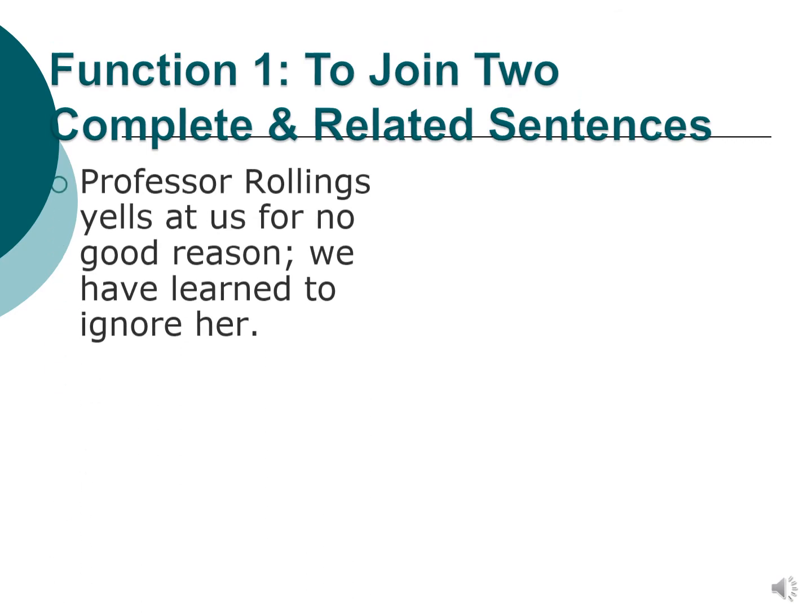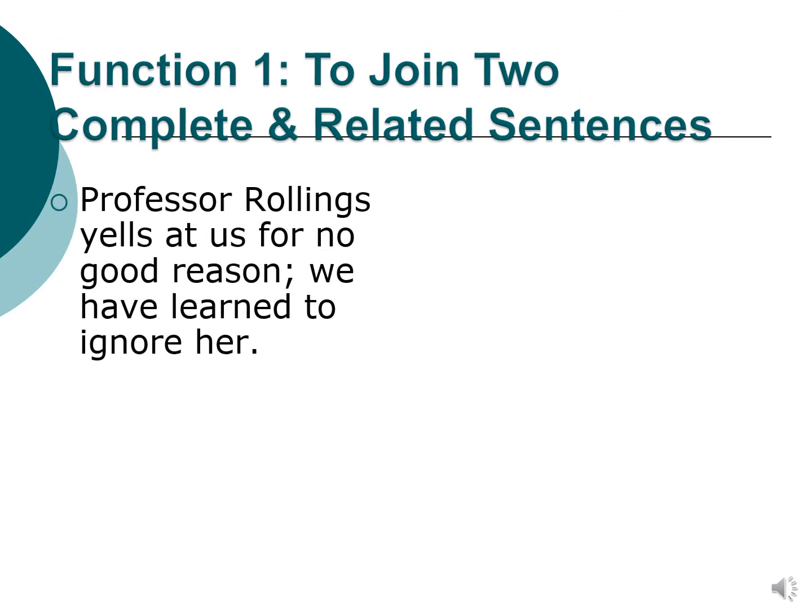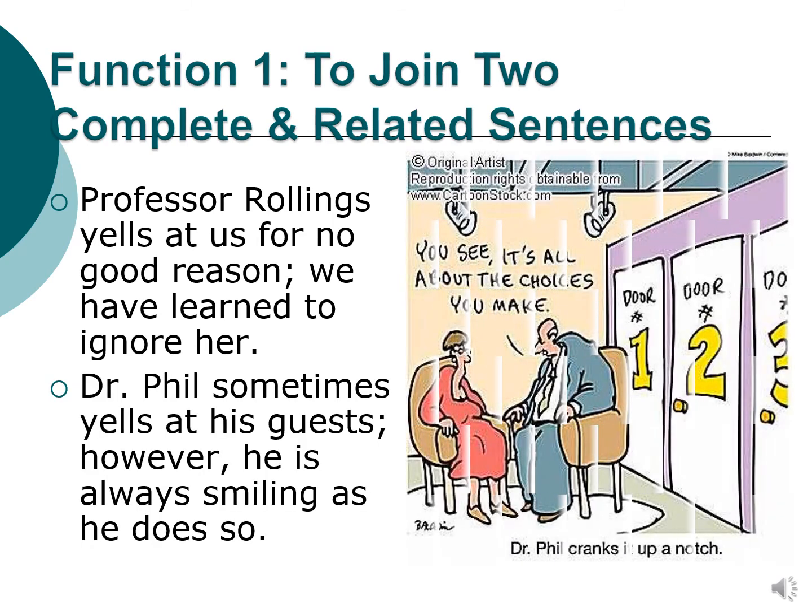If we were to say, Professor Rawlings yells at us for no good reason. Complete sentence? No problem. We have learned to ignore her. Also a complete sentence, but related, because Rawlings is being ignored. We do not capitalize the W. This is one sentence. If you were to say, Dr. Phil sometimes yells at his guests, I'm assuming Dr. Phil is still around and doing his TV shows.